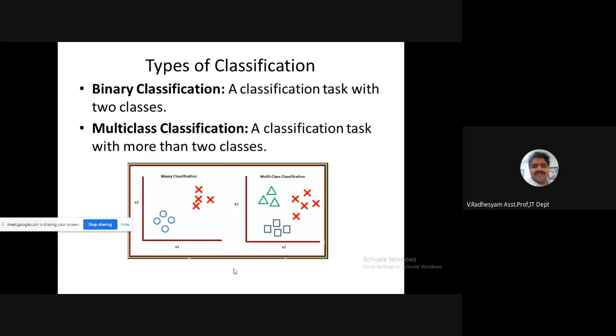We are given the data in a tabular format of different rows. Suppose you consider the first row, it belongs to which class? Class C1. Suppose you consider the second row, it belongs to which class? Class C2. Likewise, we need to classify all the rows in the table.